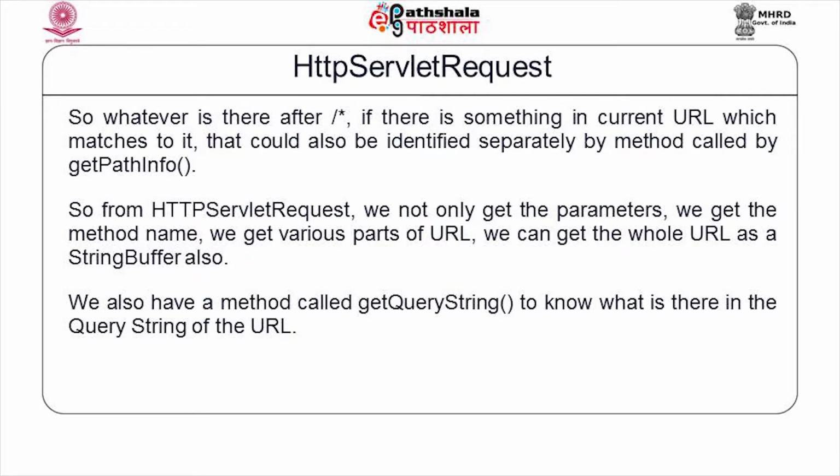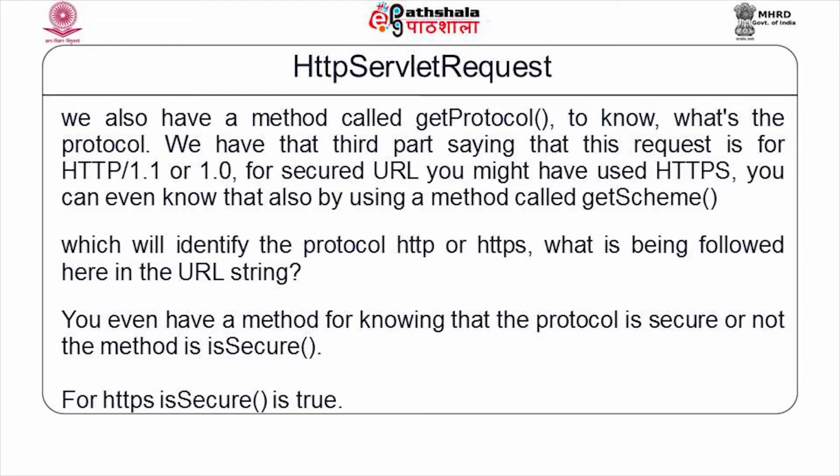So with an HTTP servlet request, we can not only get the parameters, which is anyway from the super interface, but we can get the method name, the whole URL as a string buffer, and the various parts of the URL: the application name, the part which identified the servlet, and the additional path if it is there.